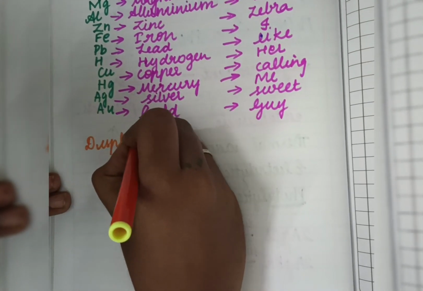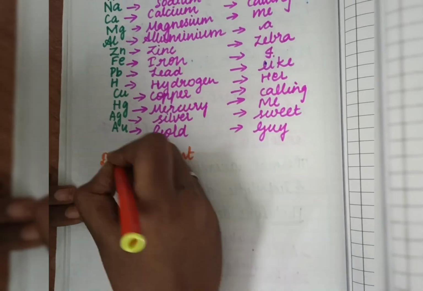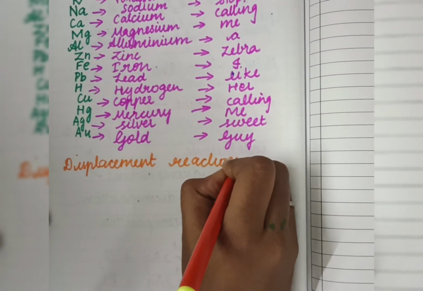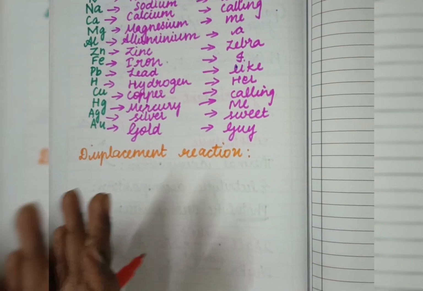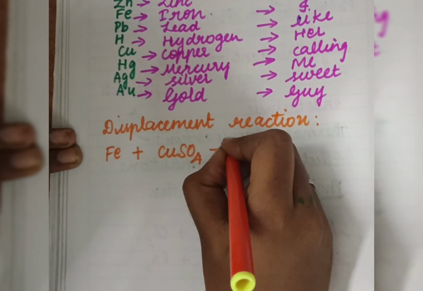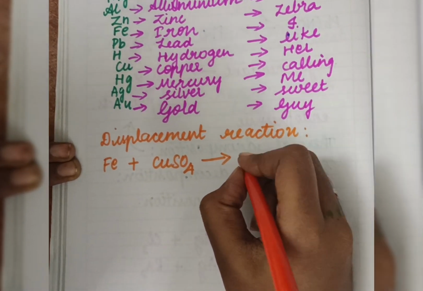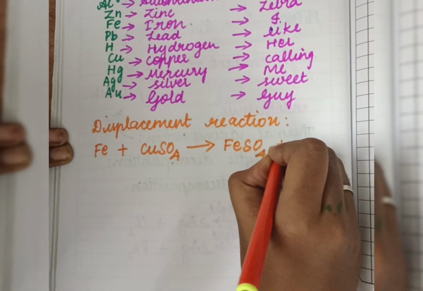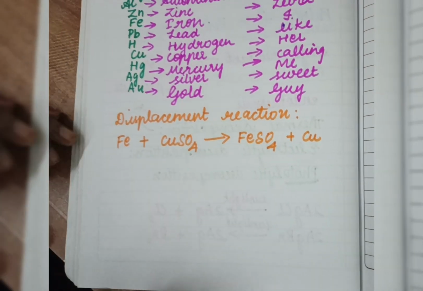Displacement reaction. By the word displacement, you will be able to understand that we are going to displace something. Let's take a reaction: iron reacting with copper sulfate solution. It turns into iron sulfate and copper is removed.